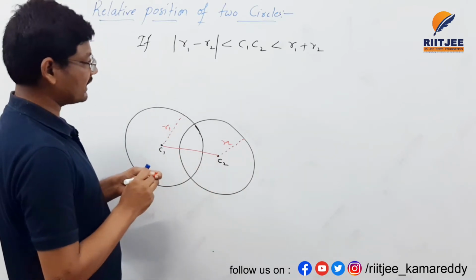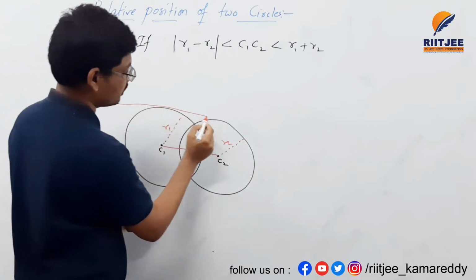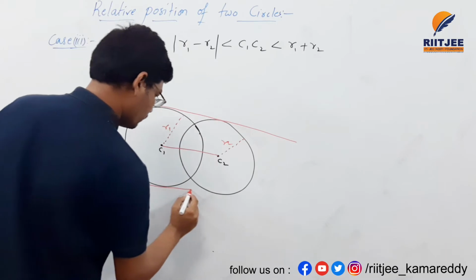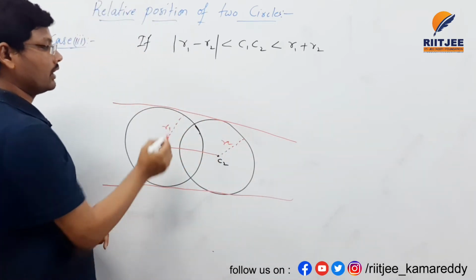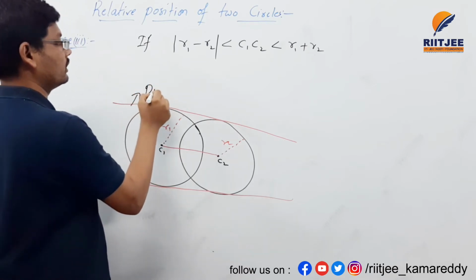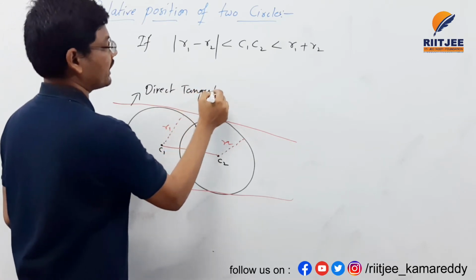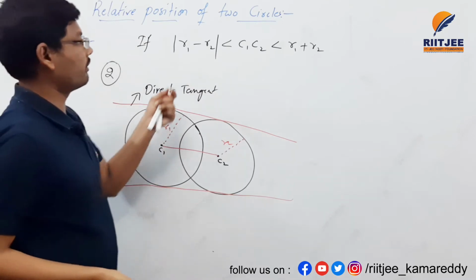For this one the tangents will look like this: one is above and one is below. Here no common tangent is possible. Here only direct tangents are possible. How many direct tangents are possible here? Two direct tangents are possible.